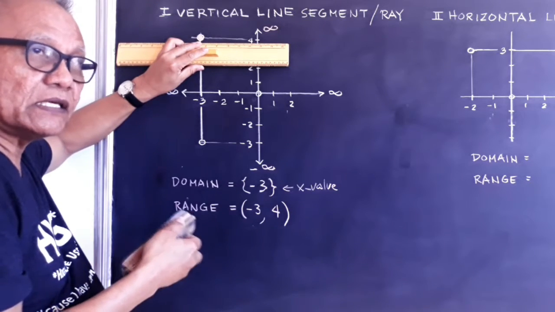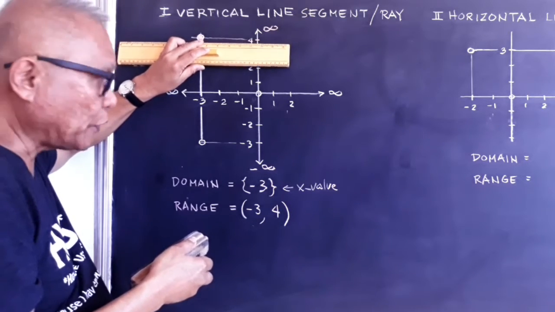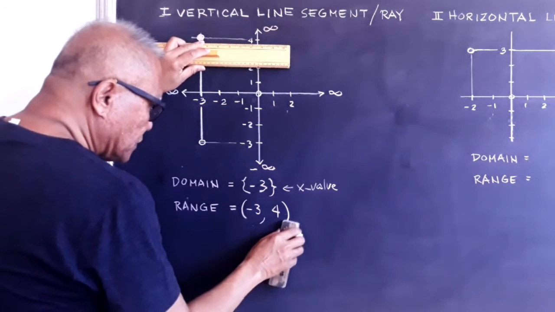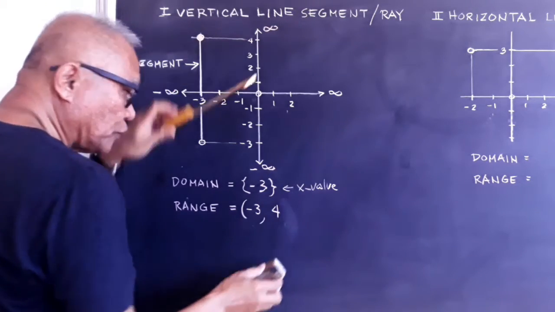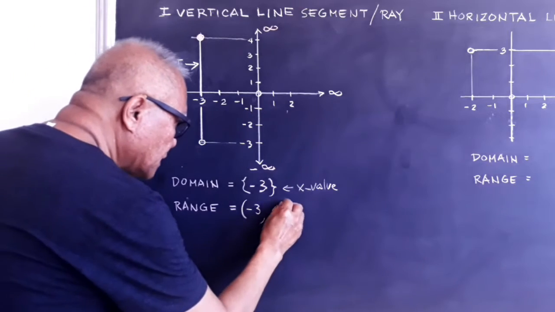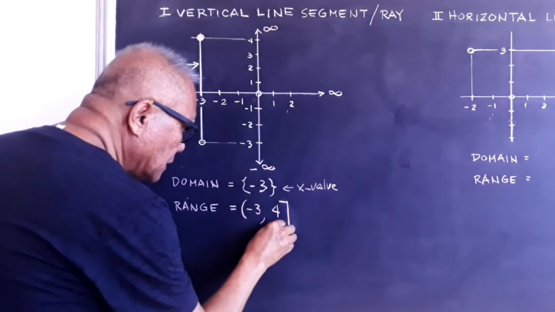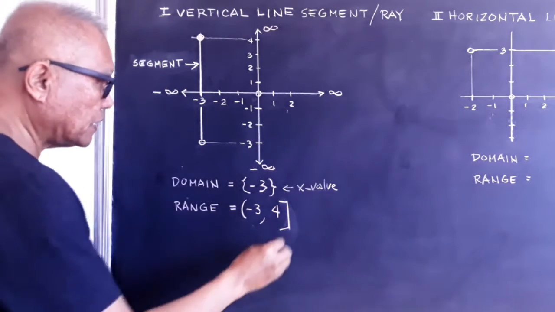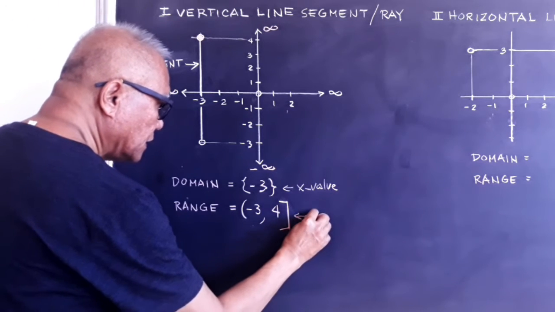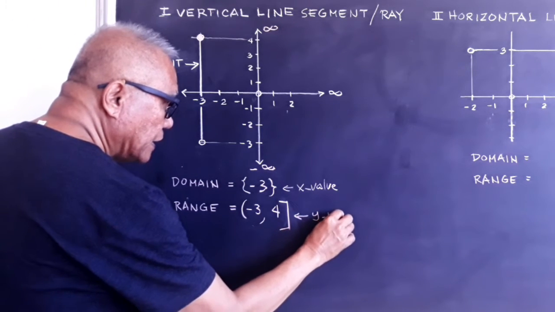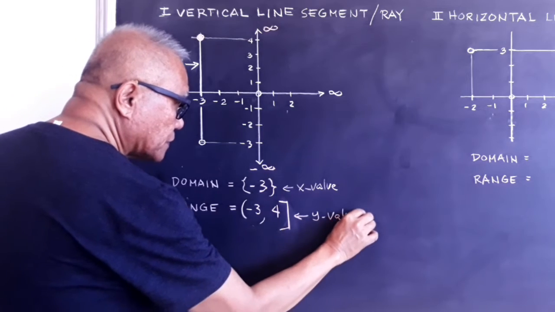The line segment is up to that point. Therefore, we will just change this one to include the 4, in which the symbol is a square bracket, and these are the y values.